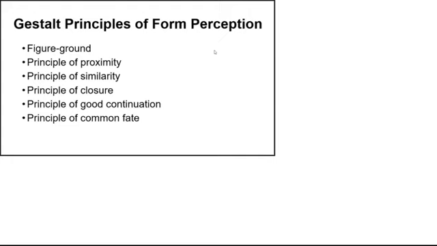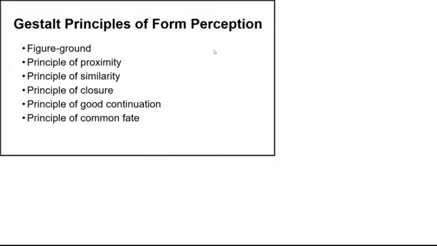All right, our next couple of topics come from Gestalt psychology. Gestalt was very interested in classifying how we perceive things. How do we put stuff together in a way that makes sense?